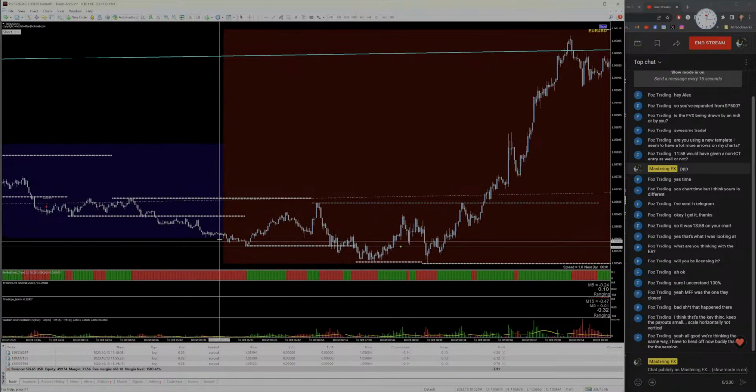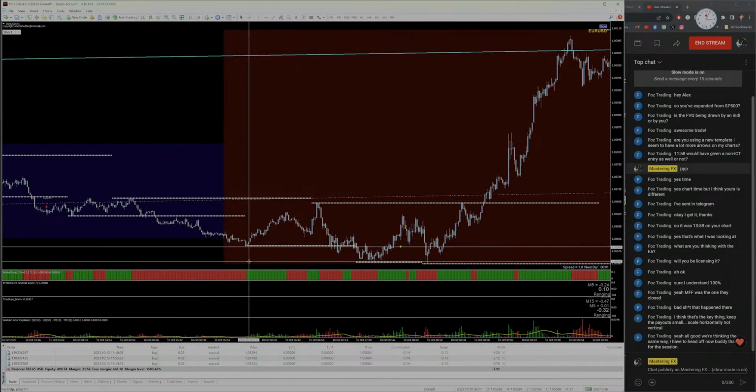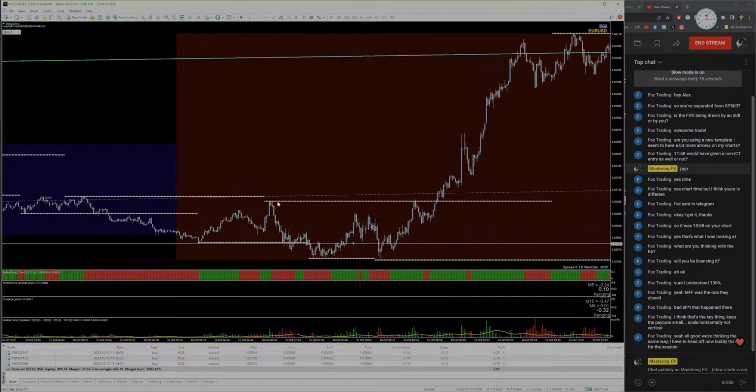Here as well, we actually come out right away. Let's say we get an entry here, we take this 1 to 3, stop loss to break even, price comes back, stops you out, goes lower, and then I think we had the next entry here or here. I think it was here.